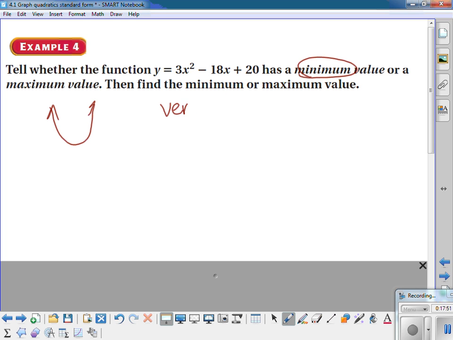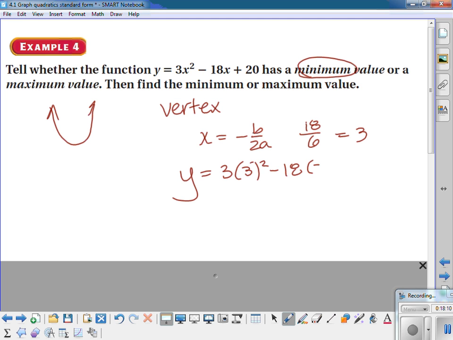vertex. So you would first need to find your negative b over 2a. Negative of negative 18 is positive 18 over 2 times 3 is 6. So where x is 3, we find the value of y. And we get 27 minus 54 plus 20, and so it's negative 7.